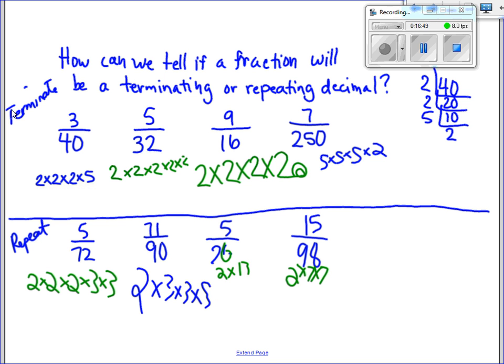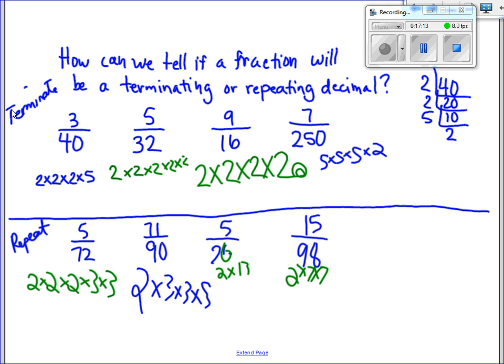Robbie? They're all two. Yeah. Up here, the ones that terminate have only factors of 2's and 5's. When you look down here, what do you start to see popping in here? Caitlin? 3, 3, 7, 7, 13. Anything in addition to or besides 2's and 5's.